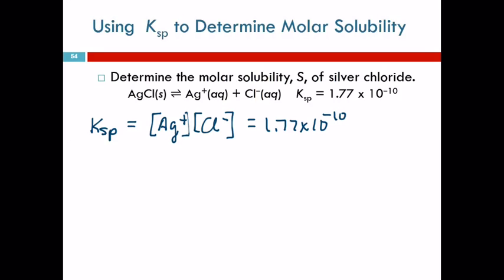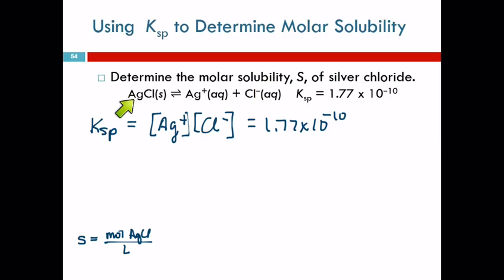Well, what is S? S, the molar solubility. That's moles of silver chloride per liter that dissolve. If 1 mole of silver chloride dissolves, how many moles of silver ions do I get? 1. How many moles of chloride ions do I get? 1.